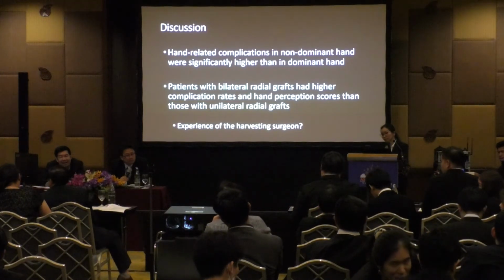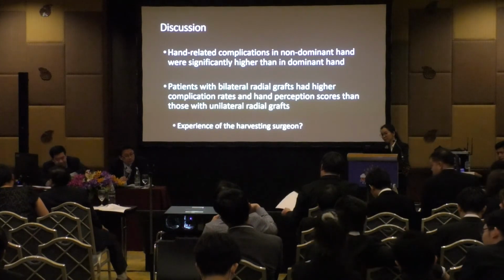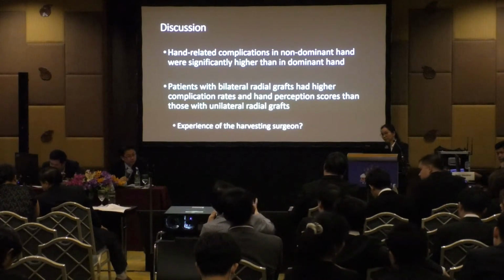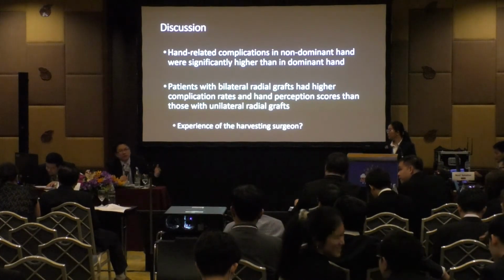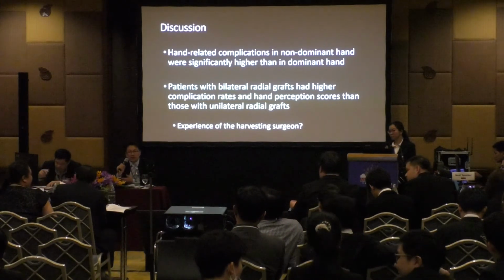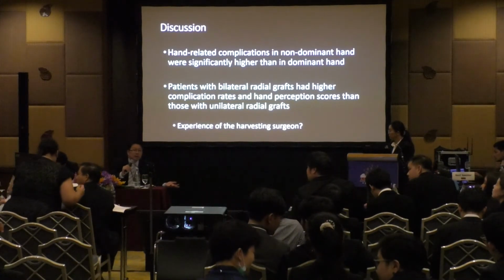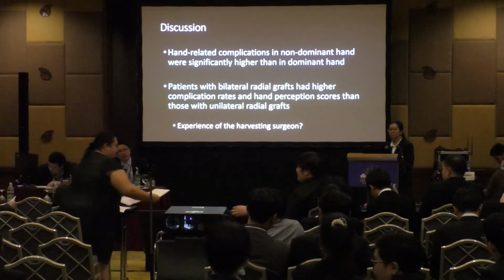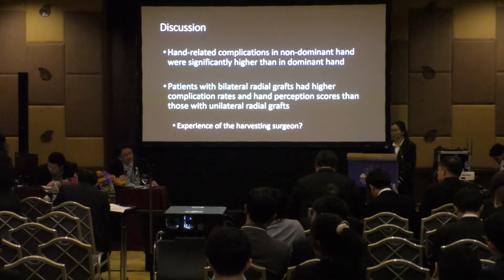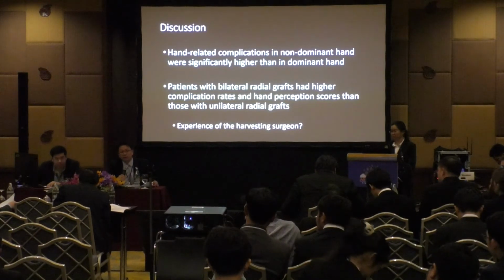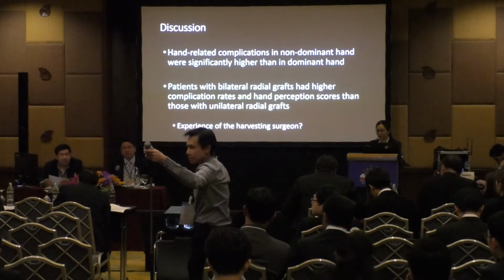So we tried to enroll more. Yes, I think because the patient has one incision compared to two incisions, it's straightforward that there is more complication or more numbness, right? Okay. Any questions?